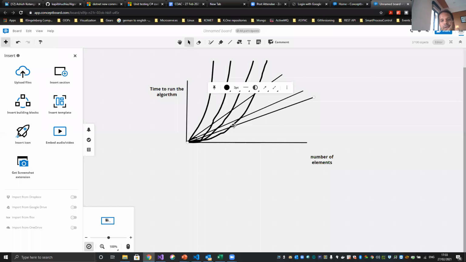Whereas a quadratic algorithm looks something like this, where the runtime scales in a quadratic fashion. For example, if the number of elements is 10 and the time taken is 20, then when I go from 10 elements to 20 elements, the time will go from 20 to 20 squared, that is 400. It's not going to be 40 anymore.